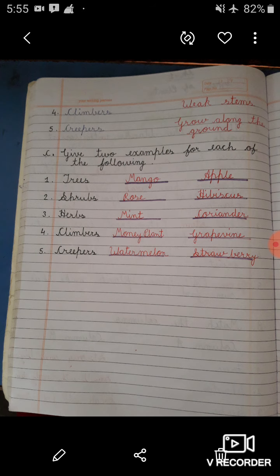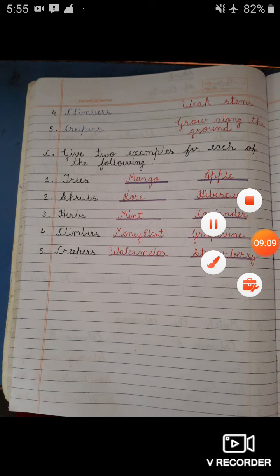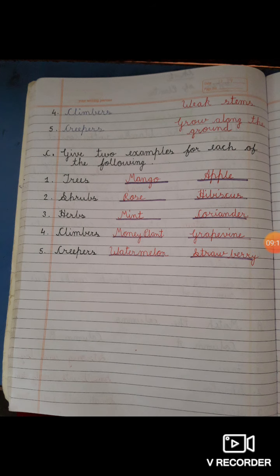Hibiscus. Now similarly in the third, herbs. Two examples of herbs are mint and coriander. Write MINT, mint, and then CORIANDER, coriander.